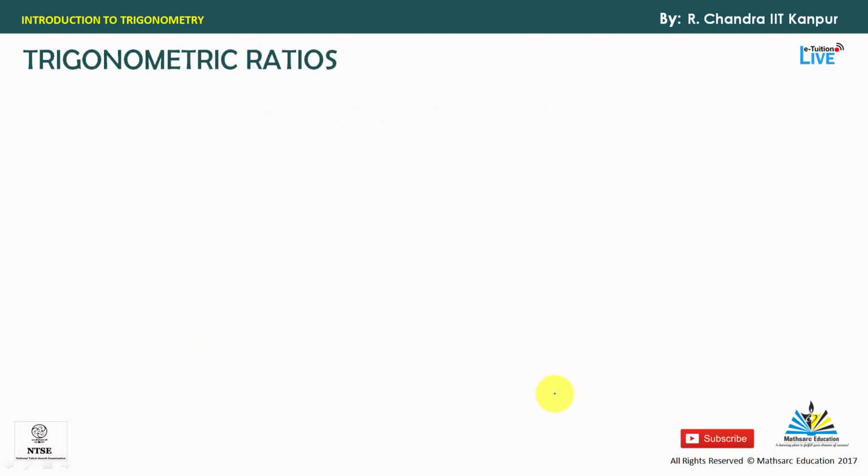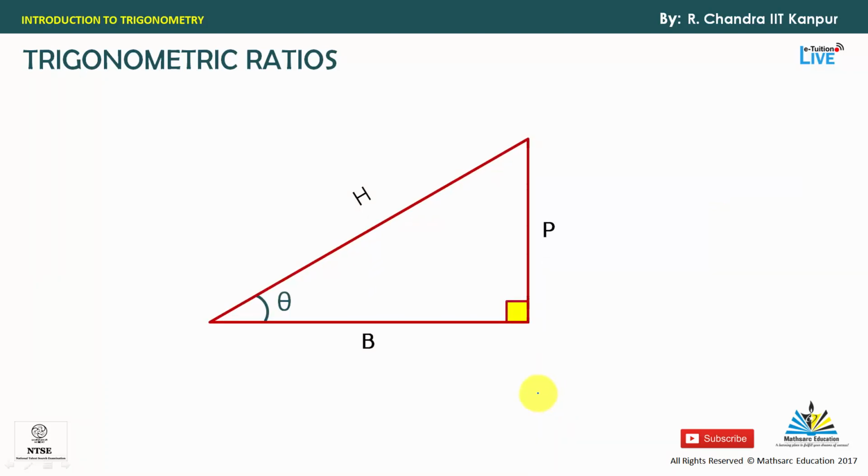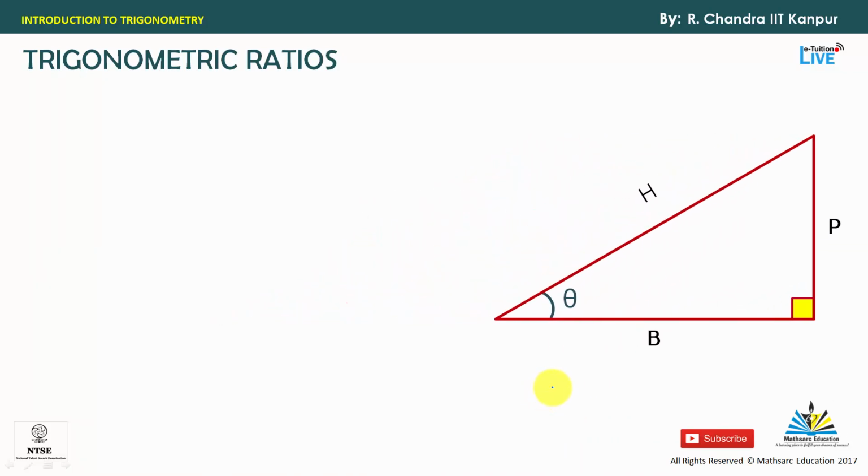Let's talk about the trigonometric ratios related to a right angle triangle. Let's say we have this angle theta. With respect to this angle theta, sine theta is equal to perpendicular upon hypotenuse, and the reverse of this, cosec theta, is equal to hypotenuse upon perpendicular.